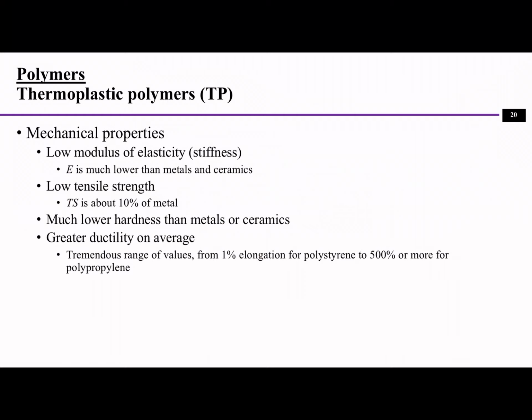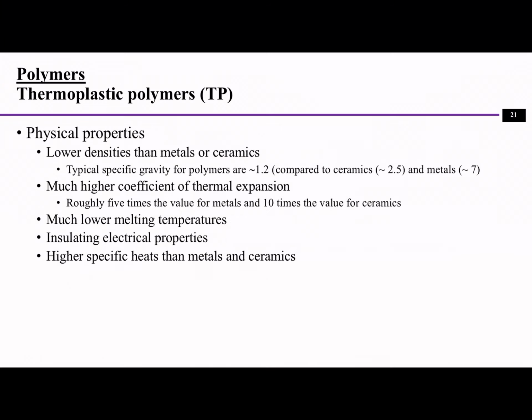The typical thermoplastic polymers have a low Young's modulus, which means their stiffness is a little bit low. The same goes for tensile strength and hardness, but they have better ductility on average compared to metals and other materials.